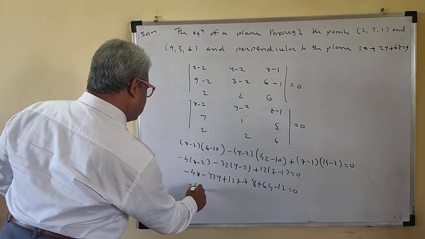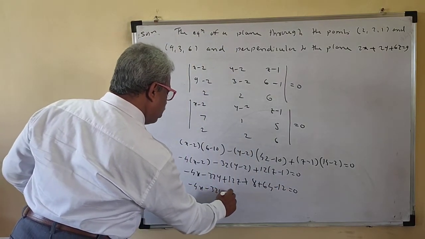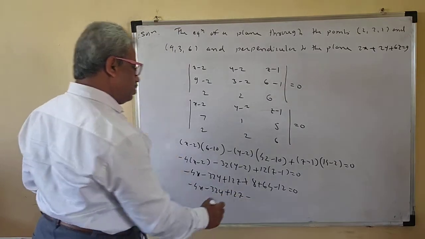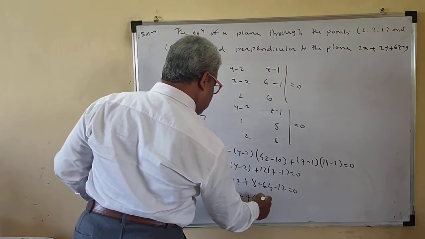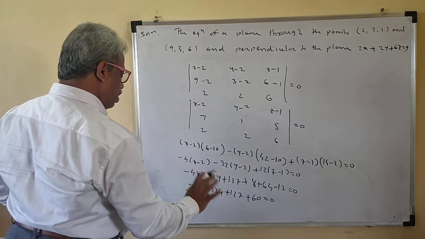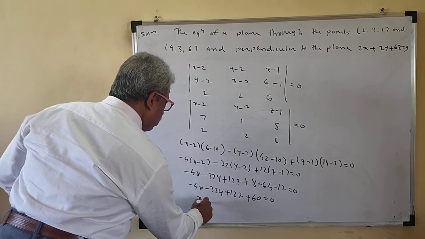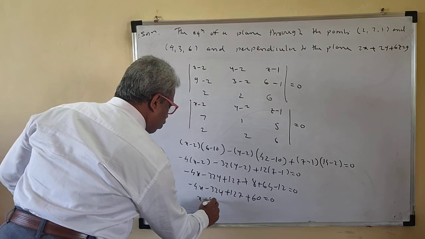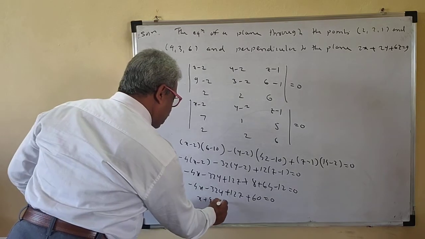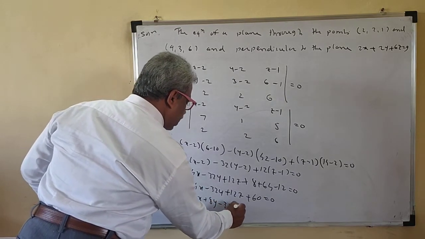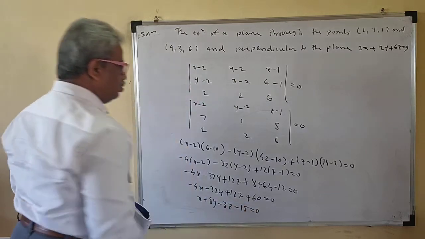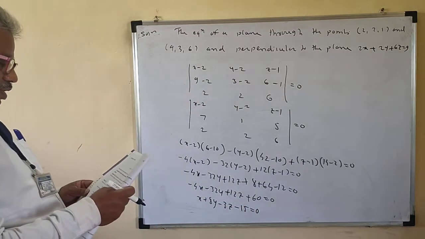So this is minus 4x minus 32y plus 12z plus 60 is equal to 0. Okay, so the problem was correct. So this is x plus 8y minus 3z minus 15 is equal to 0. So this is your required equation of the plane.